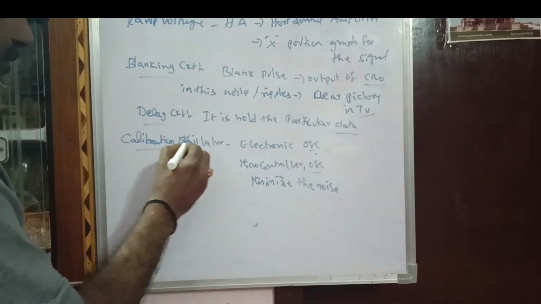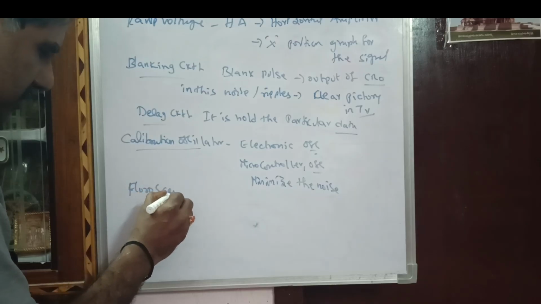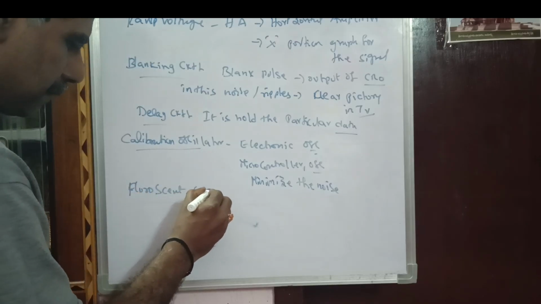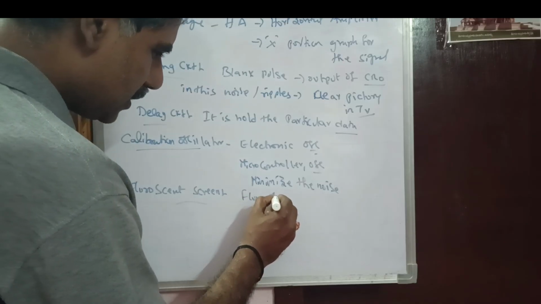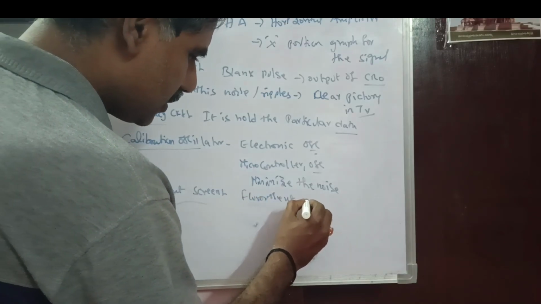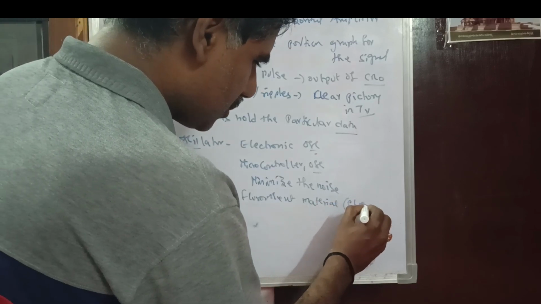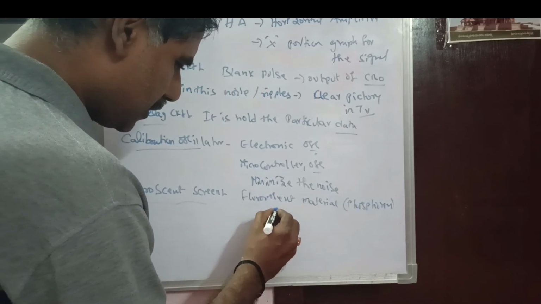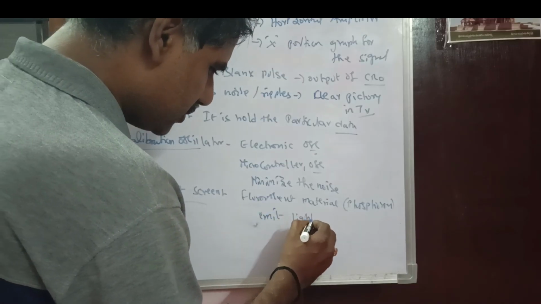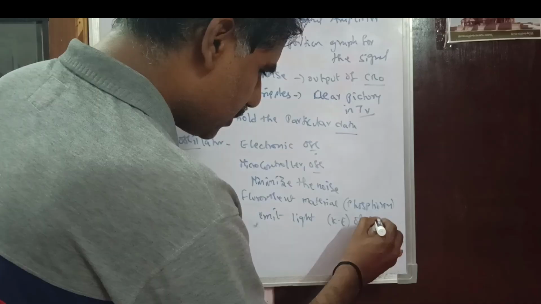In this we have a fluorescent screen, made up of fluorescent material, nothing but phosphorus, which is used to emit visible light while absorbing the kinetic energy of electrons.